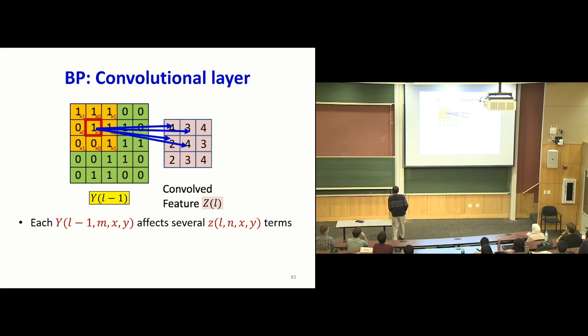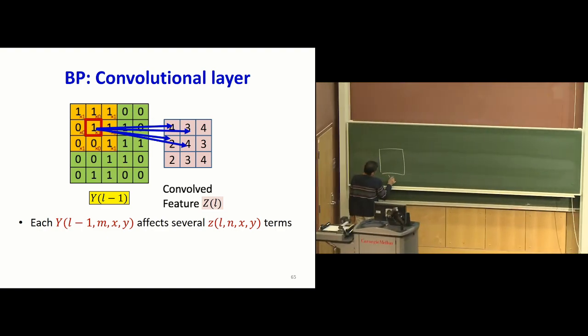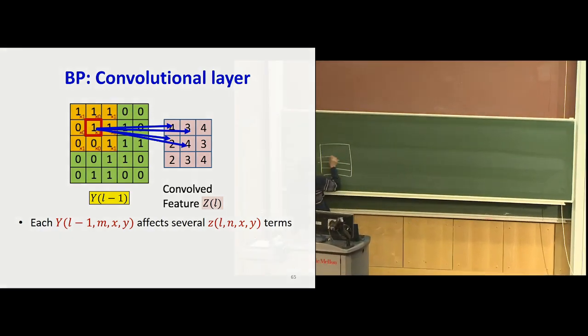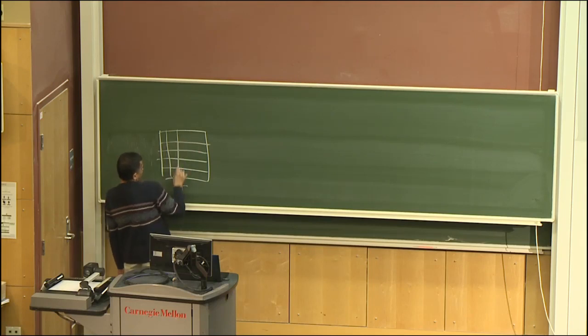And why does it affect those 4 z's? How do you know when a y affects a particular z? So let's say I have my y map, and consider, say, this y.